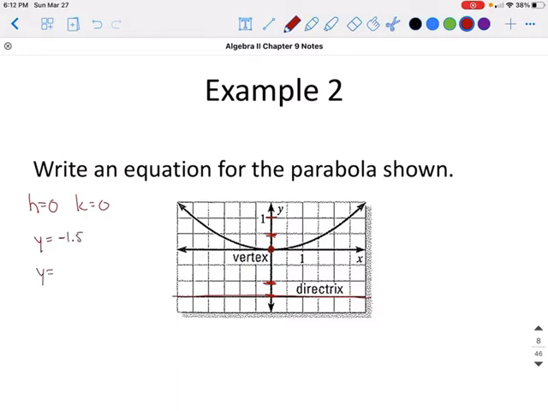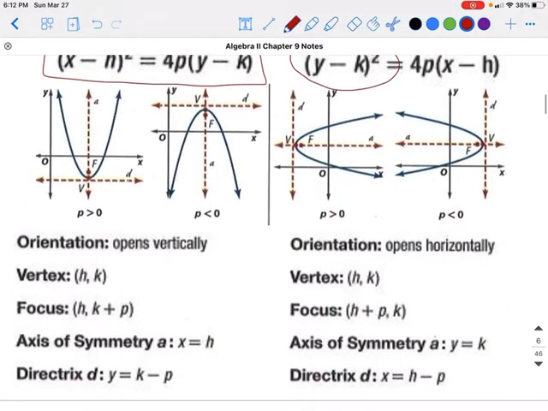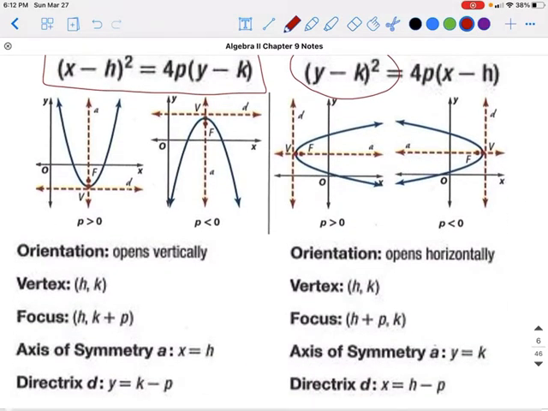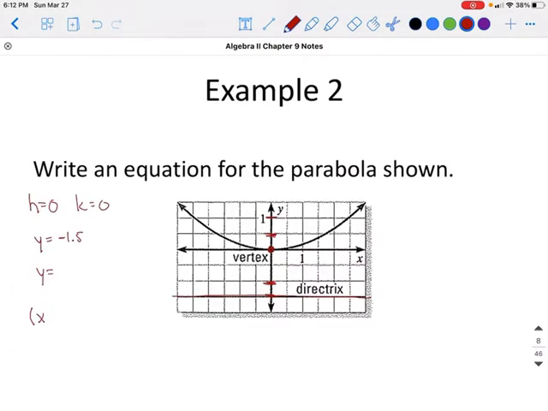Now, because it's y equals for our directrix, we do know that our equation is going to be in the form, if you go back and look at your equations, if your directrix is in the form of y equals something, it is going to be the x that is squared. And it's going to be that x minus h squared is equal to 4 times p times y minus k.